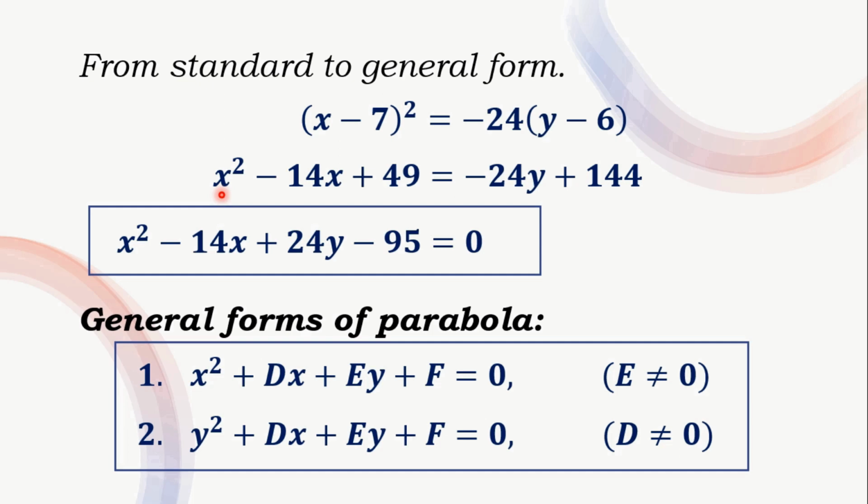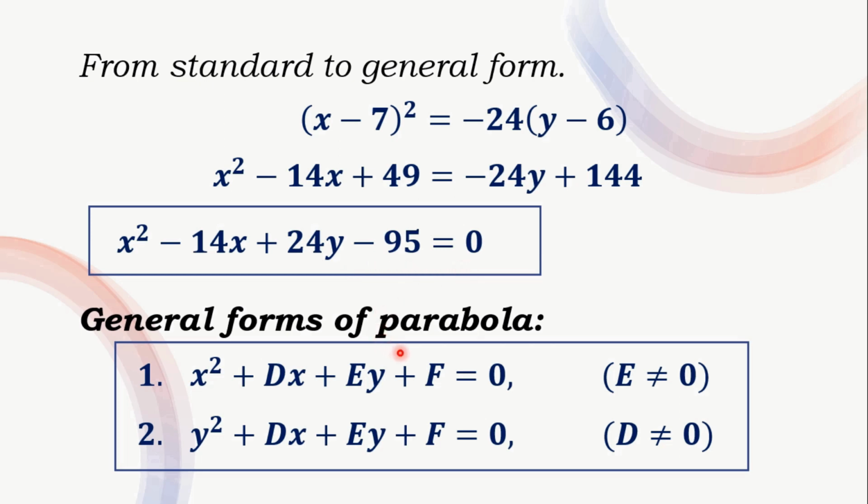Then we have x squared minus 14x plus 49 equals negative 24y plus 144. We collect terms from highest degree and equate to 0. Then we have the general form, x squared minus 14x plus 24y minus 95 equals 0.